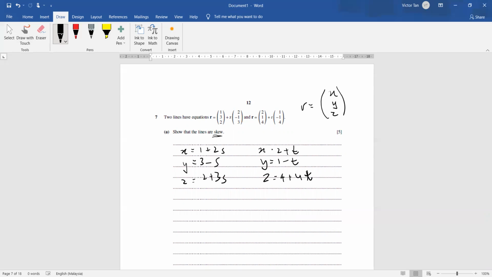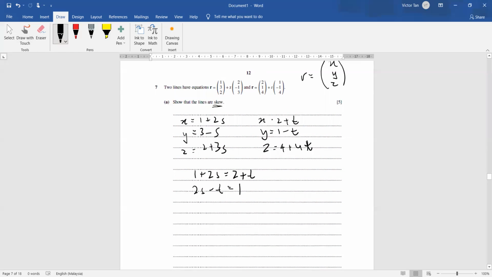Okay, so equating the x, y, and z, for the first equation you get 1 plus 2s equals 2 plus t. So you have 2s minus t equals 1. This is equation 1. Equating the y, 3 minus s equals 1 minus t.